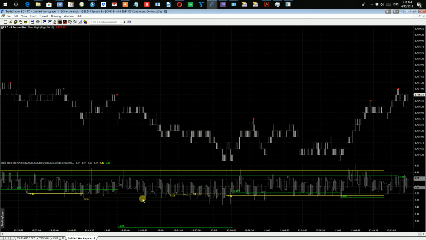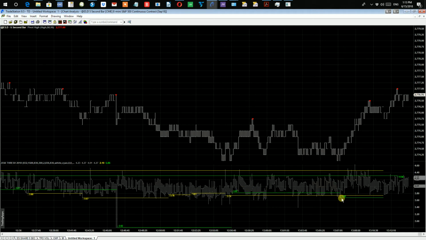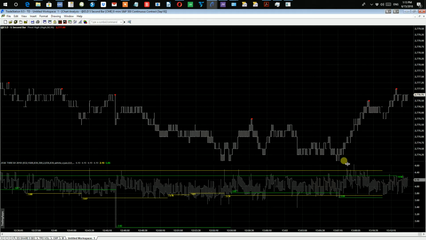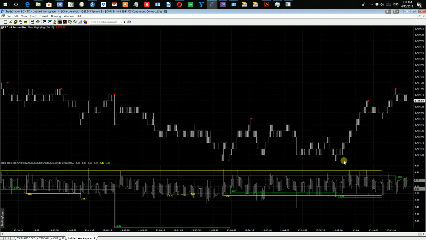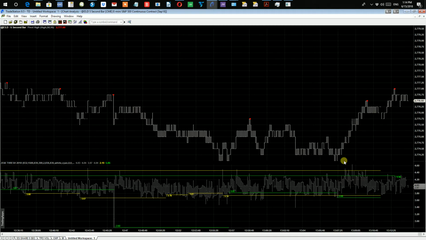So there's a little bit of divergence here, but compared to the rest of these numbers, that's the lowest pivot. So I would look to short this. Okay. I think we're still coming down. So let's give this a few minutes and come back just to see if that's true.